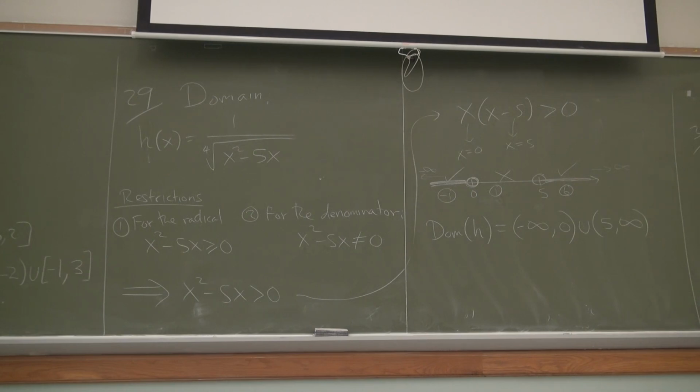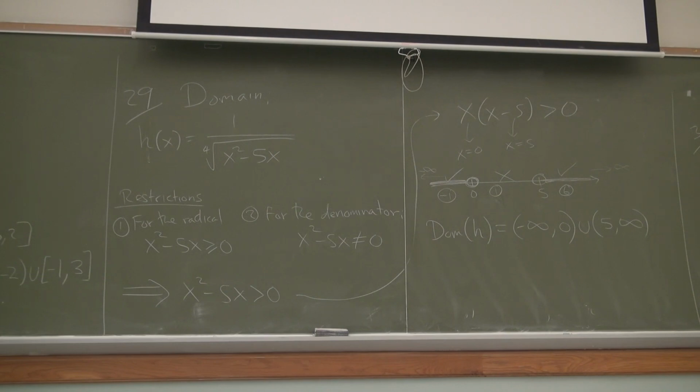Notice that both of these are polynomials, so any x will work. In particular, any x less than 0 will work, and here, any x greater than or equal to 0 will work. They're polynomials. I can plug in anything I want. Right? And because less than 0 and greater than or equal to 0 covers every number on the real line, the domain here is just minus infinity to infinity.